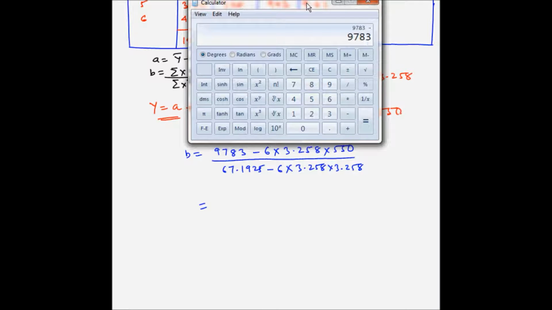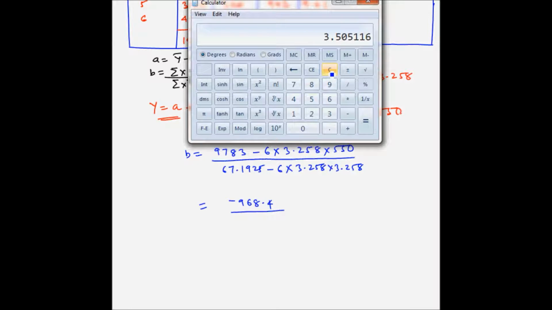9783 minus 6 multiplied by 3.258 multiplied by 550 minus 968.4. So this is minus 968.4 divided by, so 67.1925 minus 6 multiplied by 3.258 multiplied by 3.258.